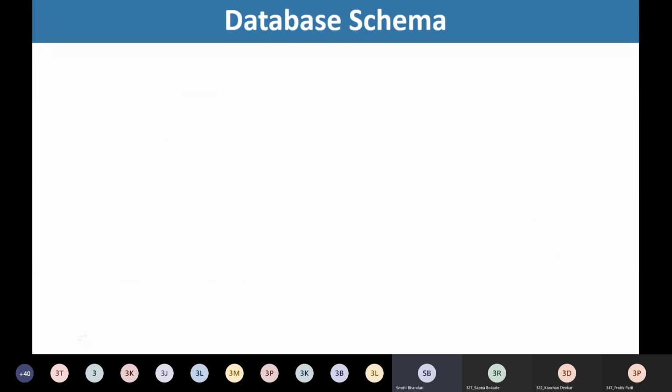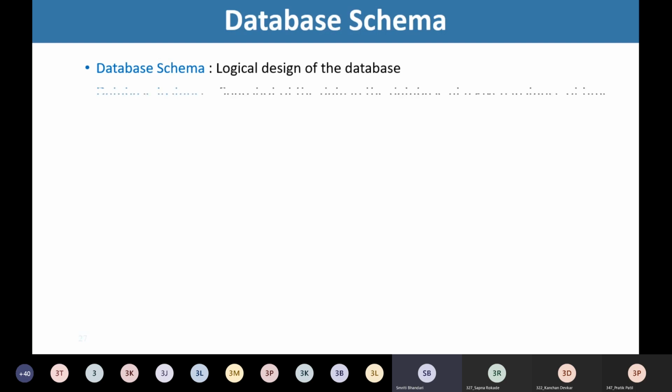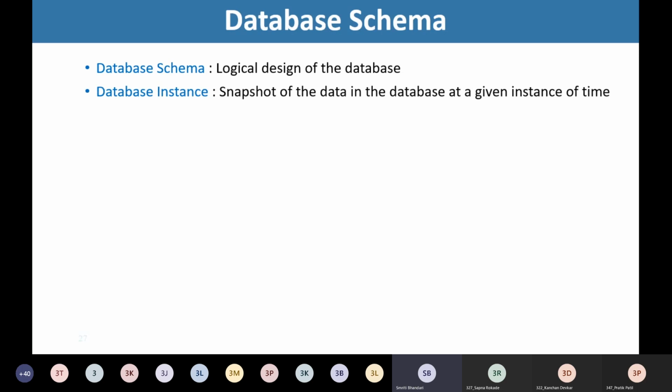Fine. So let us go through a few terminologies and then we'll conclude this session. In fact, we have gone through these terminologies. This is just the revision. Database schema. So what is database schema? It is the logical design of the database. Database instance. What is database instance?